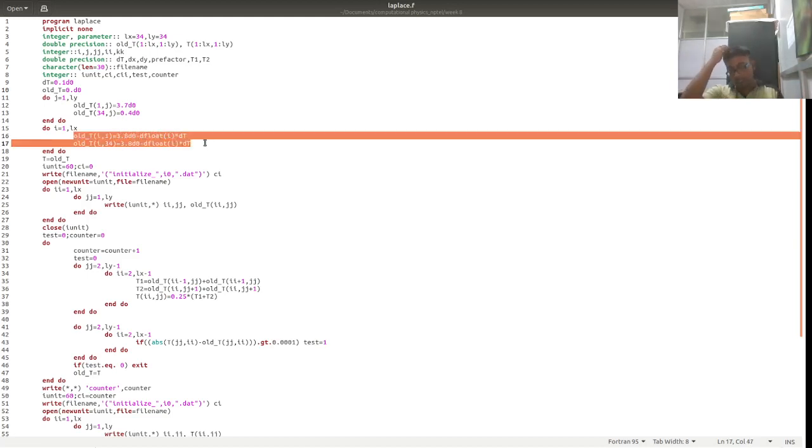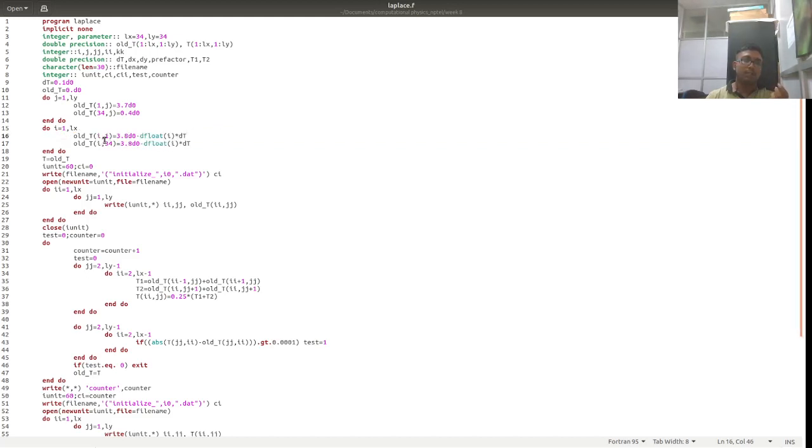In the problem it was given that the temperature starts from 3.7 and then decreases to 0.4. So if it takes i equals 1, at i equals 1 what value we have to have? That will be 3.7.